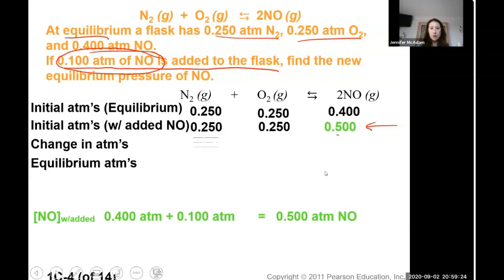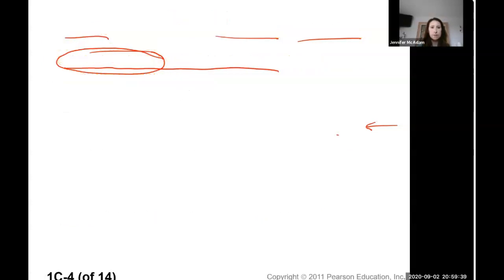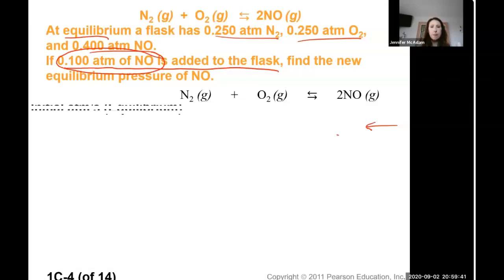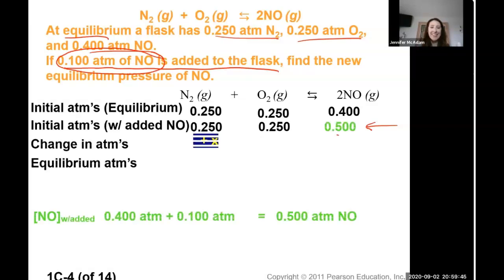So for this one, plus X, and then this is going to be minus 2X, because let me just go back. Yeah, I didn't give you your K, so you can't solve this one without me right now.